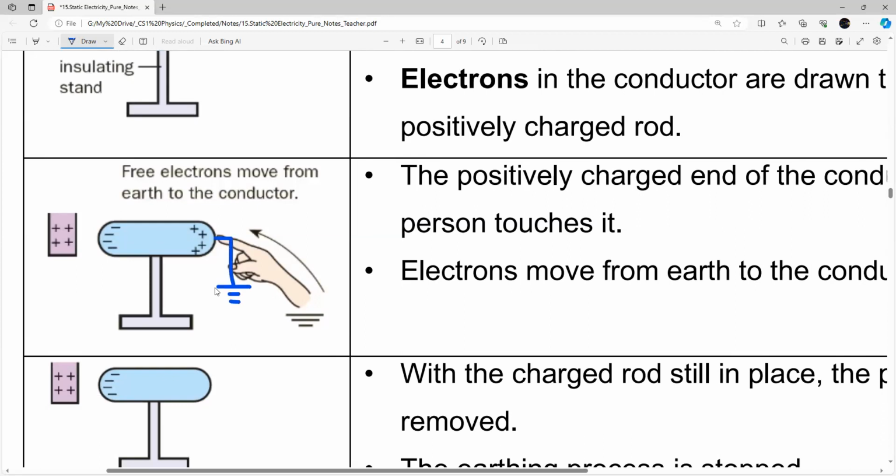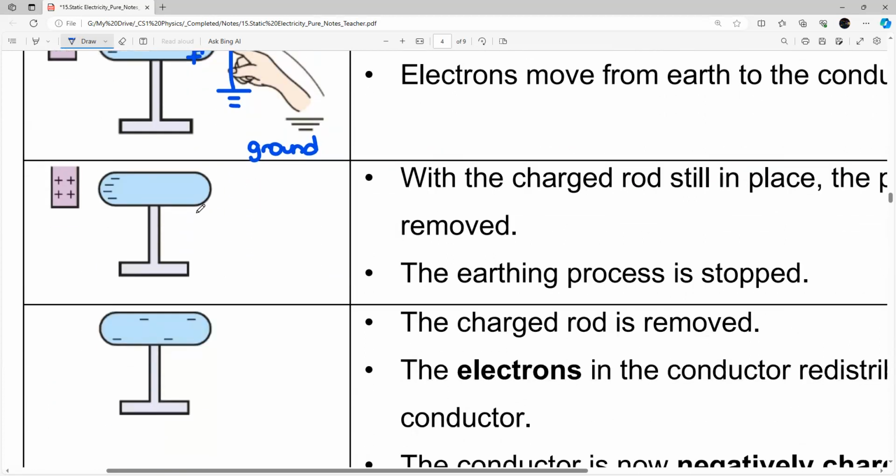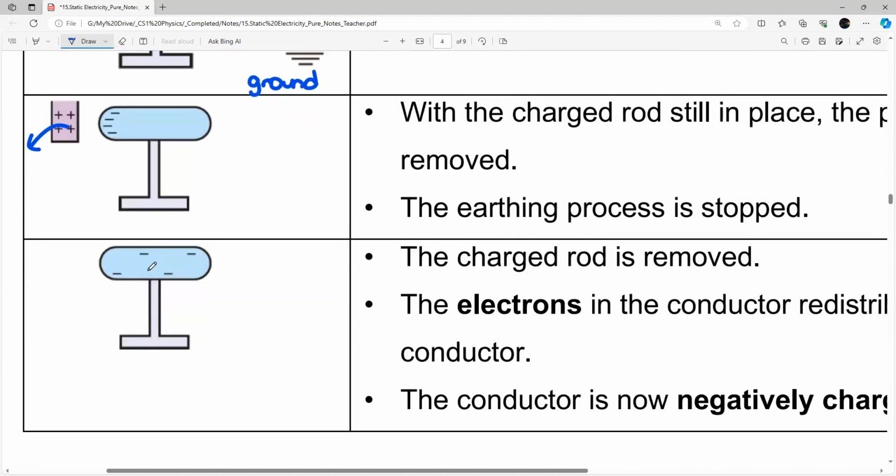When I ground, I'm actually allowing electrons to flow from the ground, which is a sea of delocalized electrons, with unlimited electrons going up to neutralize the positively charged side. So after it's neutralized, the charges are gone. And when I remove the rod, I get a negatively charged metal conductor.